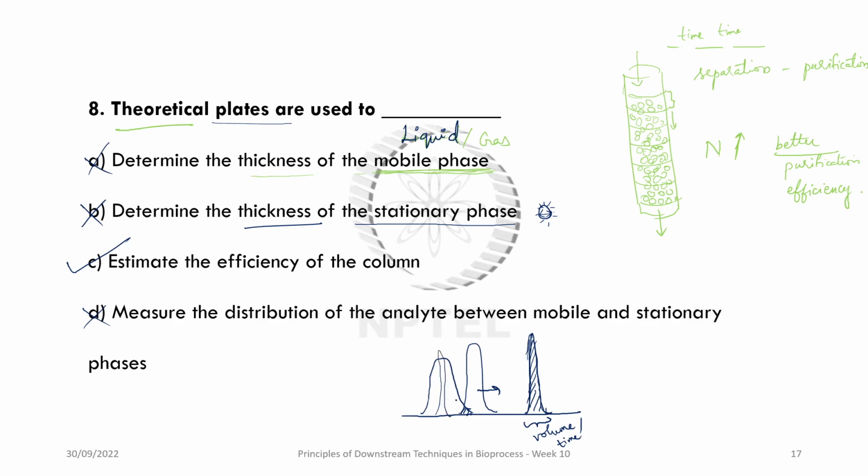But the thinner, steeper, slimmer my peak is, we are going to avoid it clashing with the next solute. If the thickness were smaller, then you won't have the overlapping here. I hope you get the concept. It's hard to draw with this device. Okay, so when N increases you get sharper peaks.